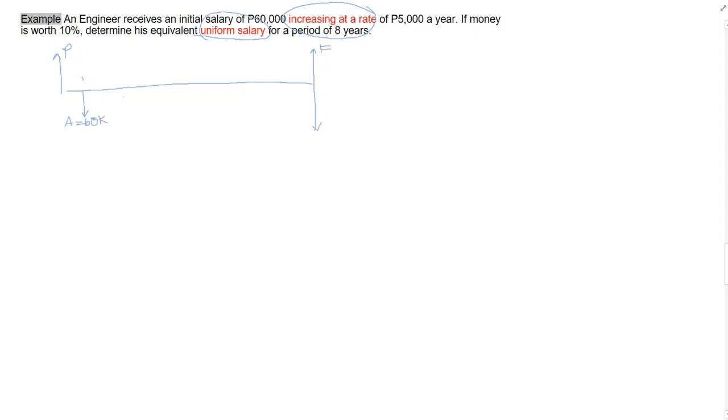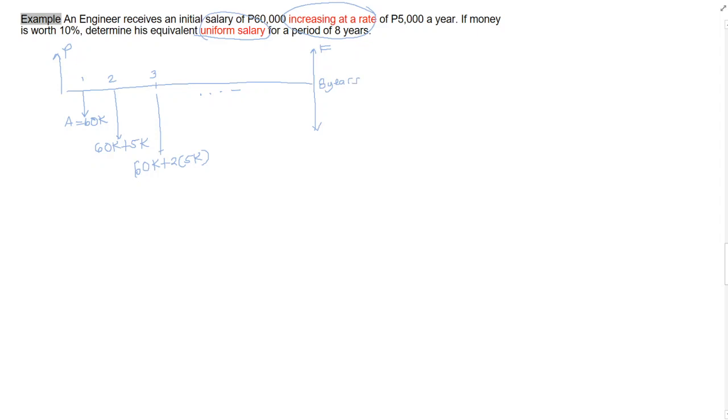And for the second year, since that is the gradient, that is 60,000 and since the gradient is 5,000, let us just add there 5,000. And for the third year, that is 60,000 plus 2 multiplied by the gradient, which is 5k, and so on until we reach n, which is 8 years.